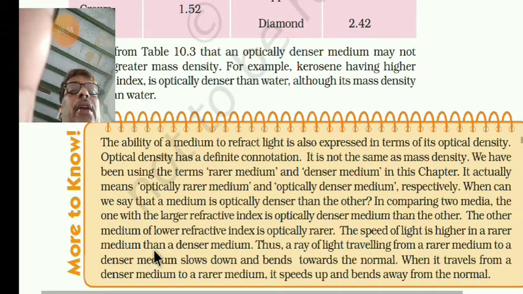The other medium, of lower refractive index, is optically rarer.